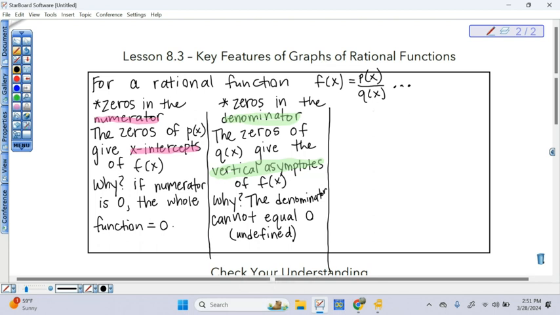And then if there's going to be a 0 in both the numerator and the denominator, zeros in both, right?